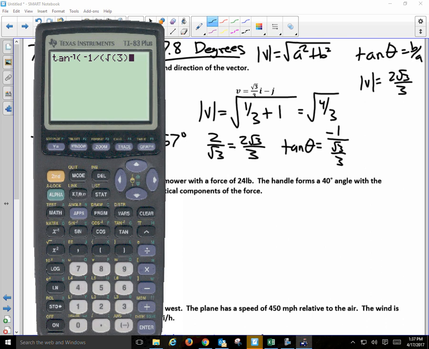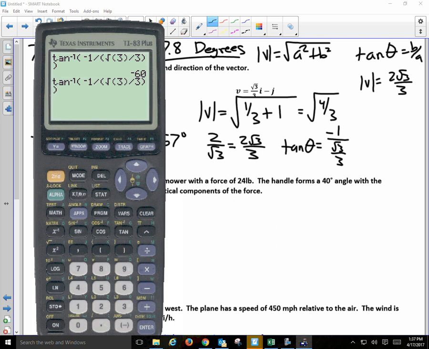Parenthesis, because you don't want to take the root of 3 divided by 3. You want to take the square root of 3, find that result, and then divide it by 3. So divide by 3. And now we will end that parenthesis for the denominator, and then we'll end the parenthesis for tangent inverse. And we do get, I put in negative 1, so we got negative 60.